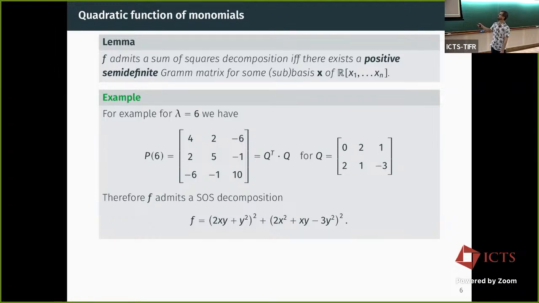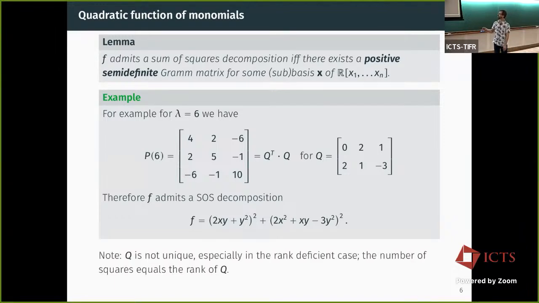So this is the first one, and the second row gives the second. It's very simple, very straightforward. All right. And of course, Q is not unique, especially in the rank deficient case. Here we see that this is rank deficient.